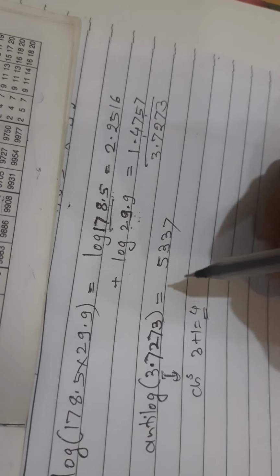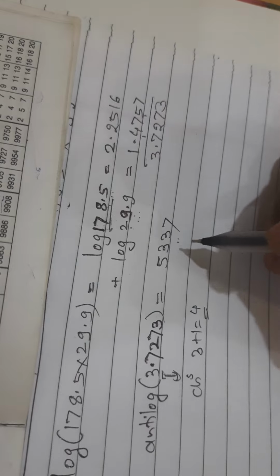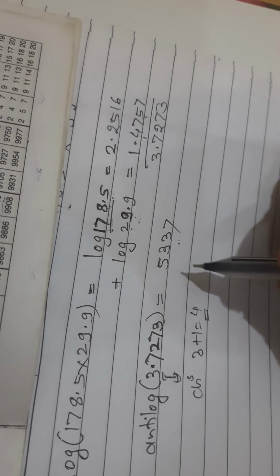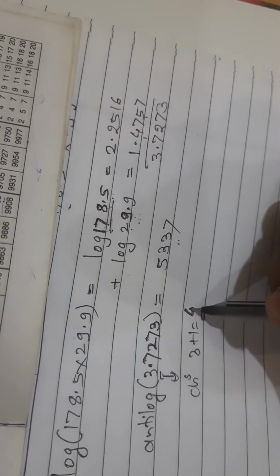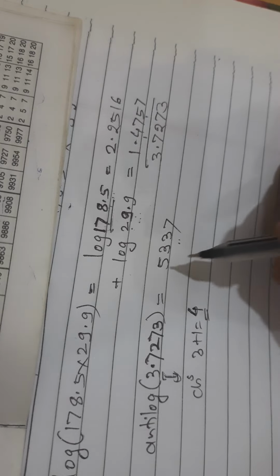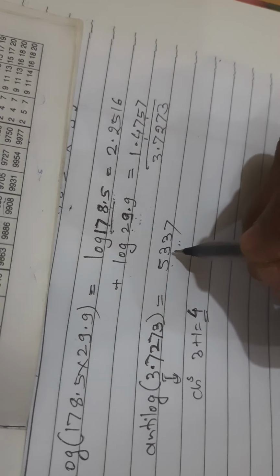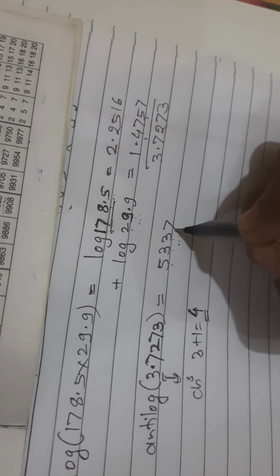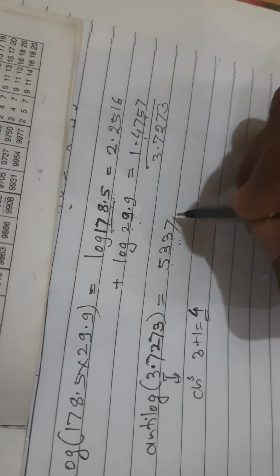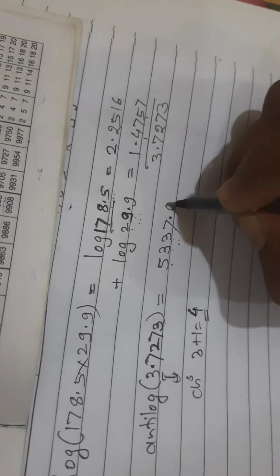Now in this number there should be 4 digits before the decimal point: 5, 3, 3, 7. Then the decimal point and 0.